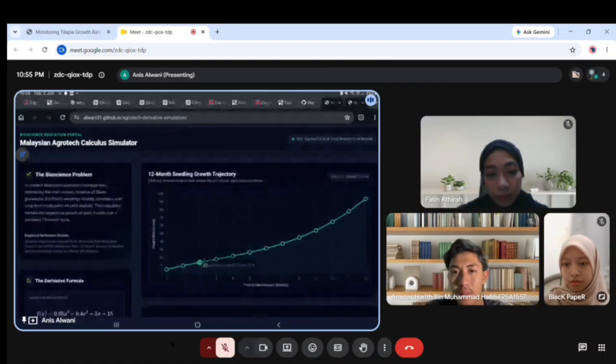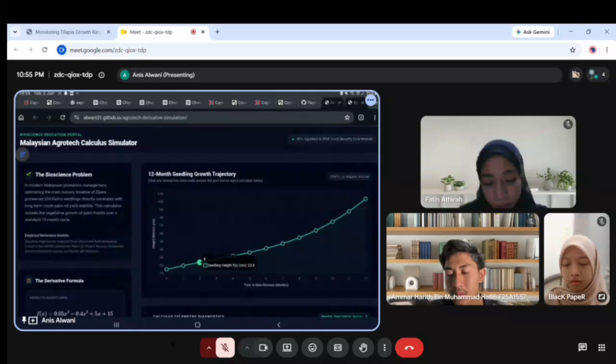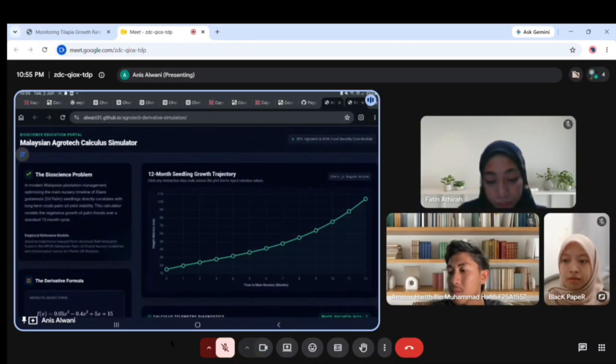Day 3, the growth rate becomes faster, showing healthy development. Day 4, rapid growth occurs due to favorable environmental conditions such as sufficient sunlight, water, and nutrients.